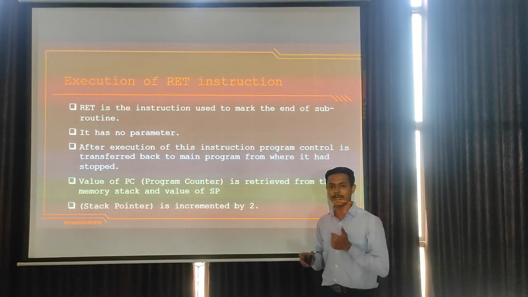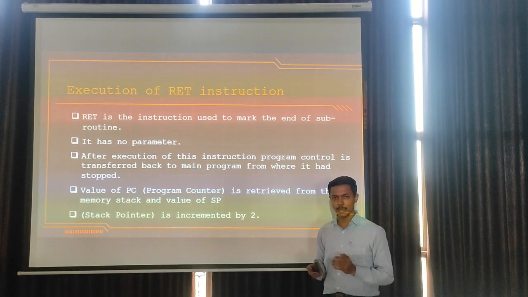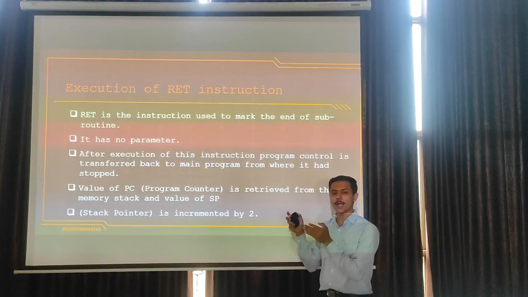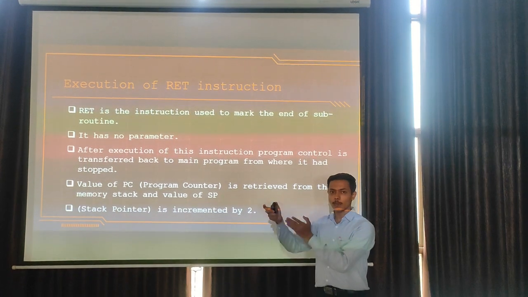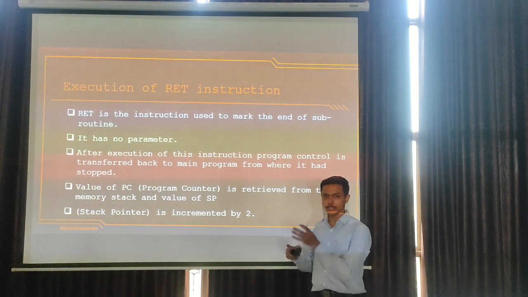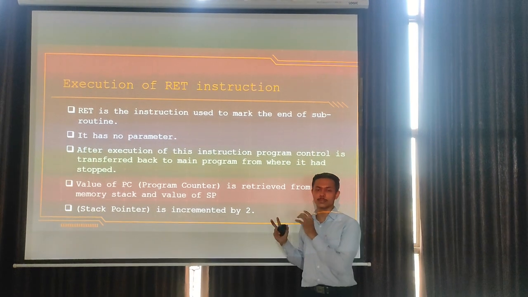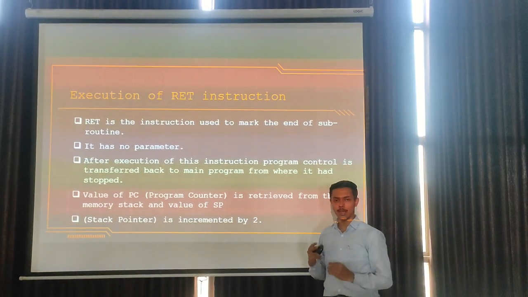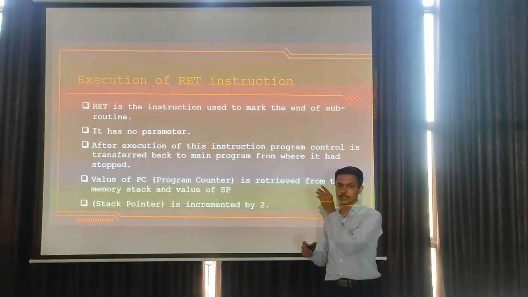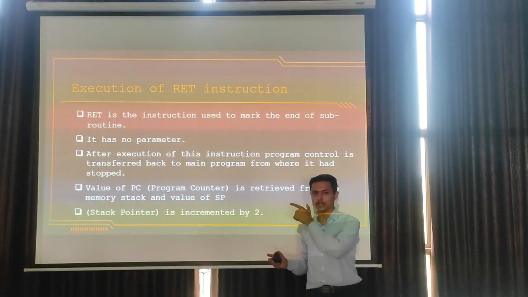It is just a 1 byte instruction, and when it is executed, the data from the stack memory location, which is the address of the next instruction after the call instruction, is retrieved again and stored in the program counter. And when that address is executed, the flow of the program is diverted from the subroutine program back to the mainline program.